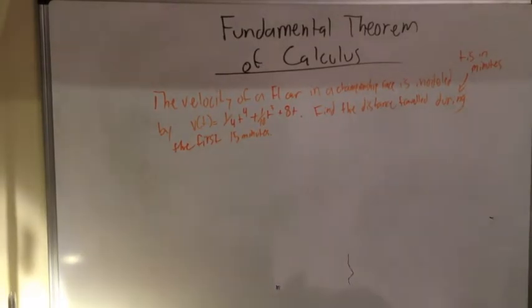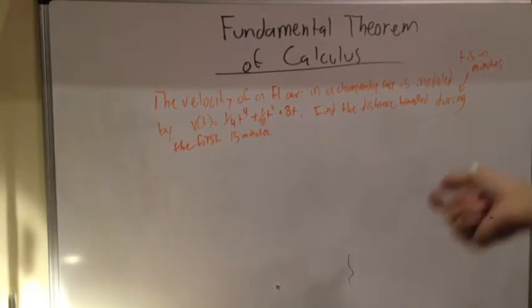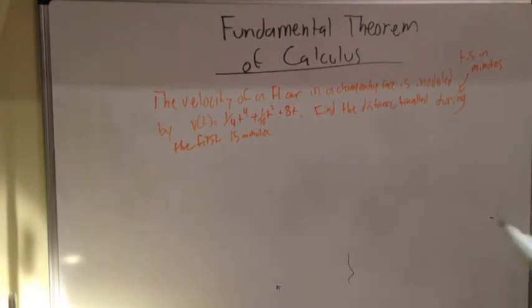As a final example, we can do an application of the fundamental theorem of calculus. Let's say that the velocity of an F1 car in a championship race is modeled by v of t equals 1/4 t to the power of 4 plus 1/10 t to the power of 3 plus 8t. t is in minutes, and we need to find the distance traveled during the first 15 minutes.